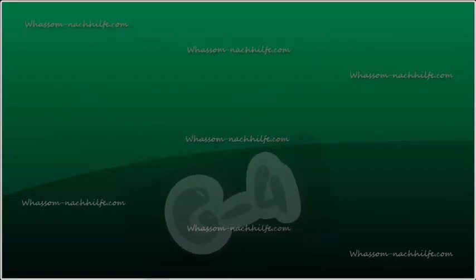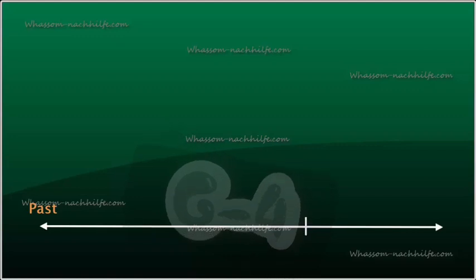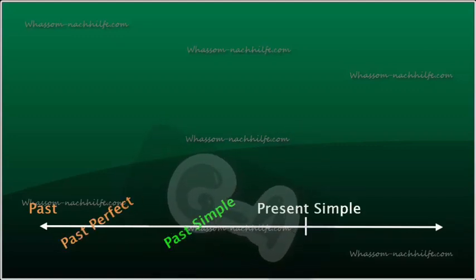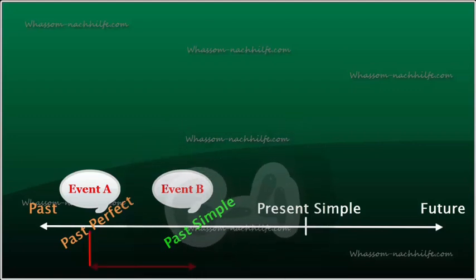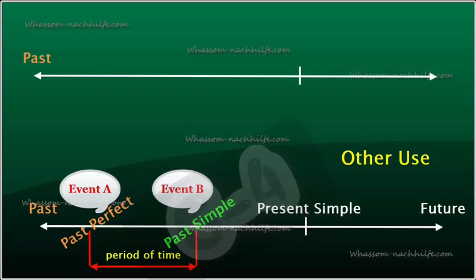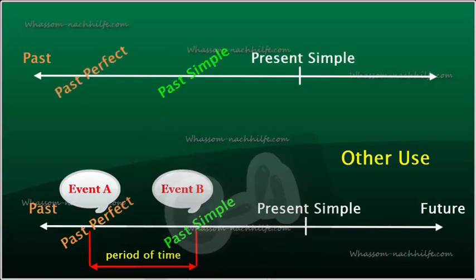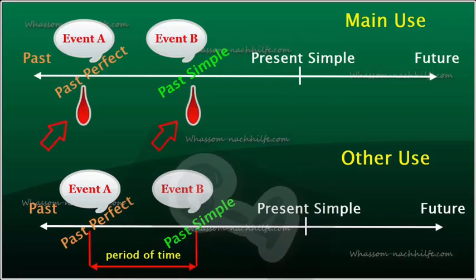And now let us compare the two situations. In the main use, you can see that we are talking here about two different events, event A and B, two different and totally separated, single events, of course, that occurred in the past, one after another.